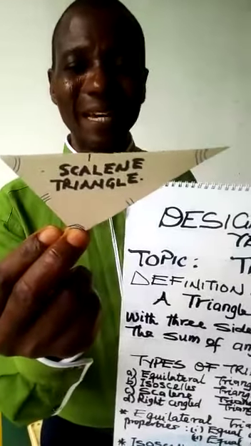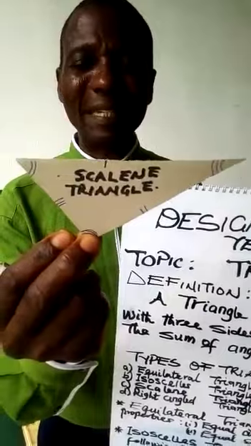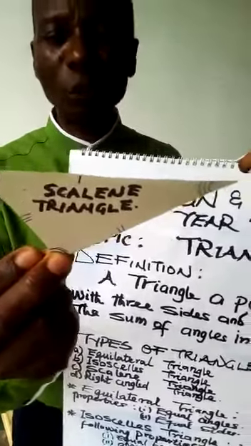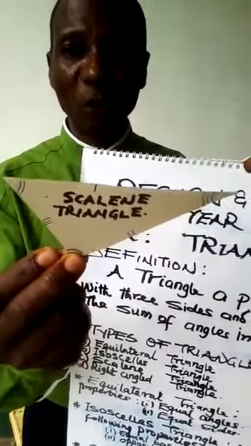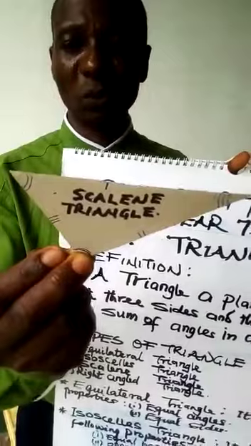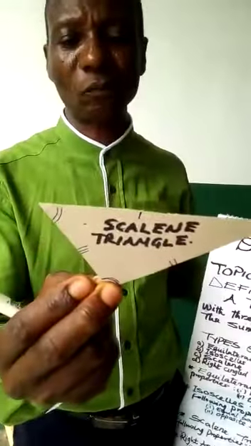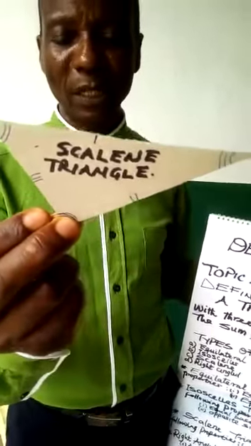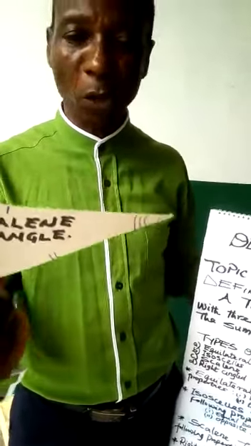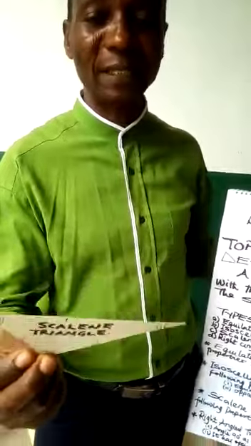Each side faces a certain angle, and the angle that the side faces carries the same sign that the angle is carrying, as you can see here with me. So the sides are not equal, the angles are not equal. When we start the construction, you will understand better.